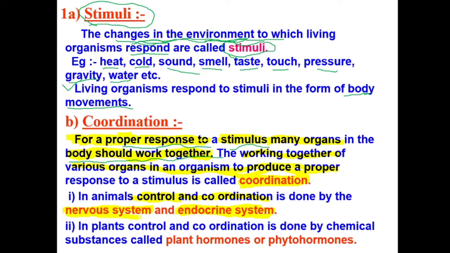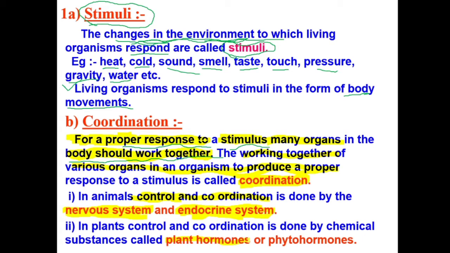But for control and coordination, there are two systems which are responsible for this control and coordination in our body. That is nervous system and endocrine system. Okay, in plants they do not have any nervous system. So what they have is only hormones.